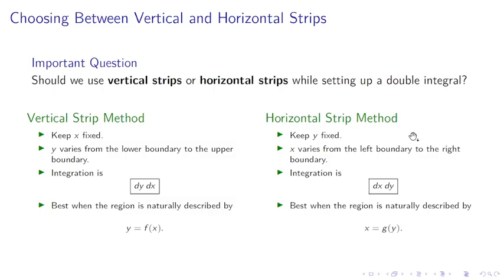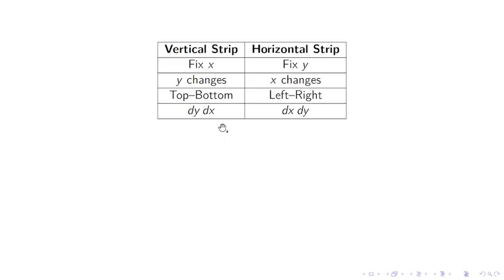In the horizontal strip method, keep y fixed, x varies from the left boundary to the right boundary, and the order changes to dx dy. First we integrate with respect to x, and then with respect to y. Best when the region is naturally described by x = g(y).